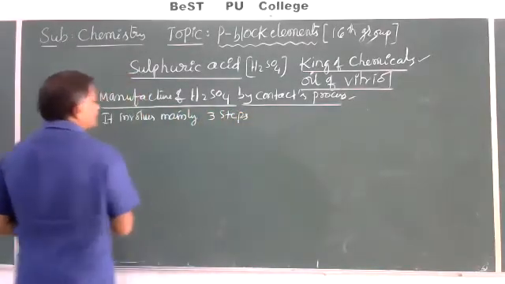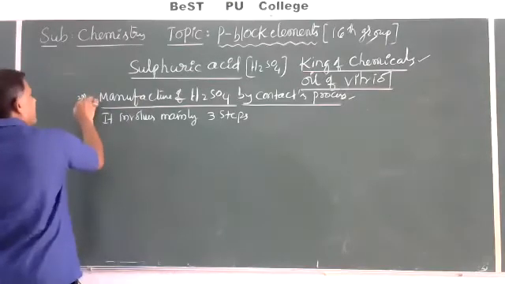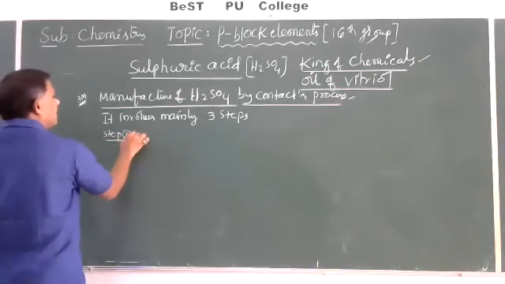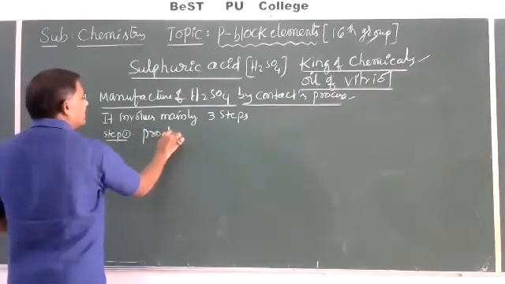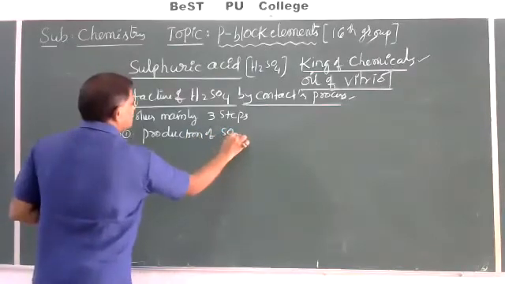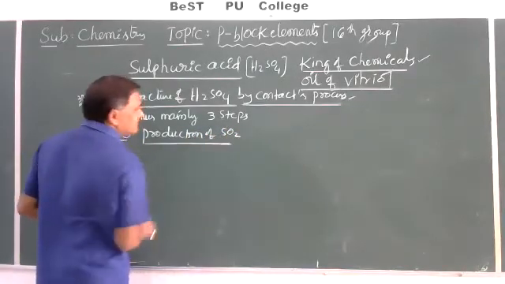Three steps. So here step 1 is production of SO2 gas, sulfur dioxide gas.